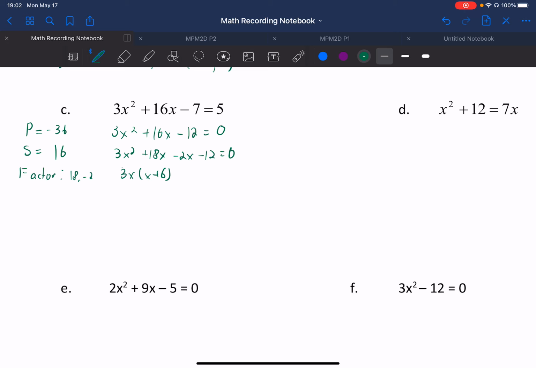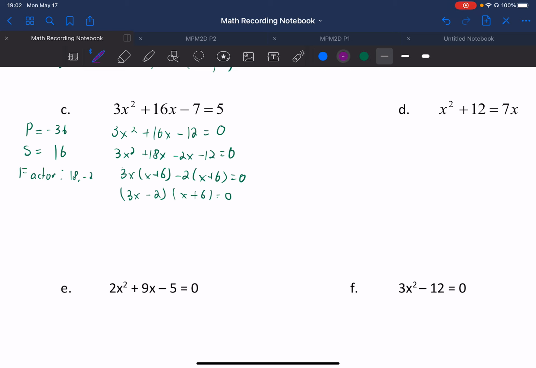Look at these two, pull out the common factor, which is negative 2, x plus 6. All of this is still equaling 0. And we get 3x minus 2 and x plus 6 equals 0. And just as we've been doing every single time before, we are going to make each of these brackets equal to 0 to solve for what our zeros are.